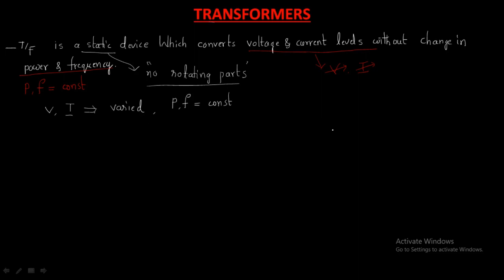Generally, the construction of a transformer is like this. A single phase transformer consists of two windings, one is the primary winding and the other is the secondary winding.